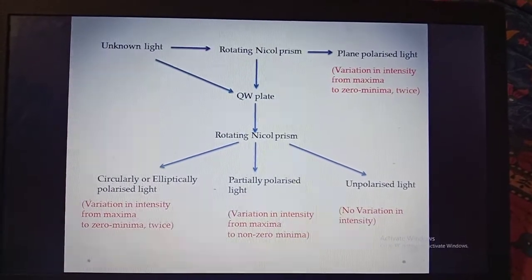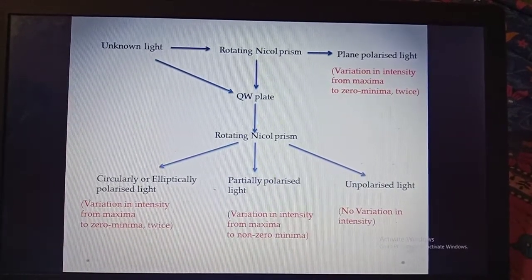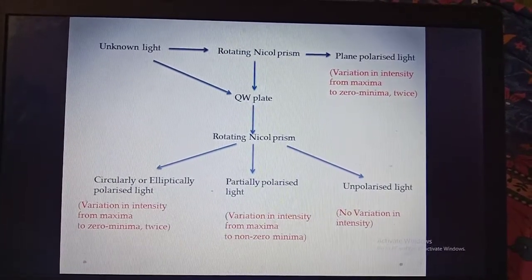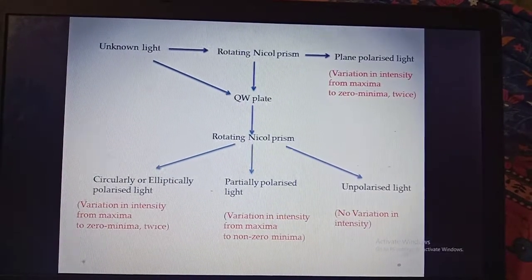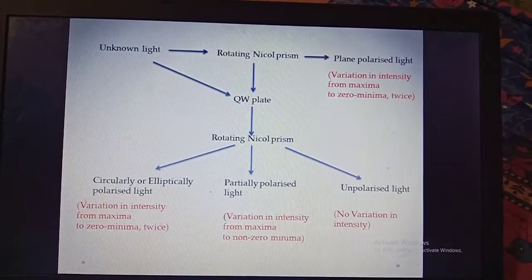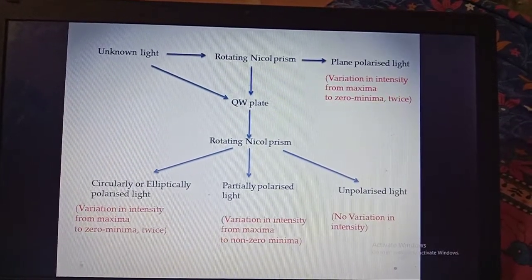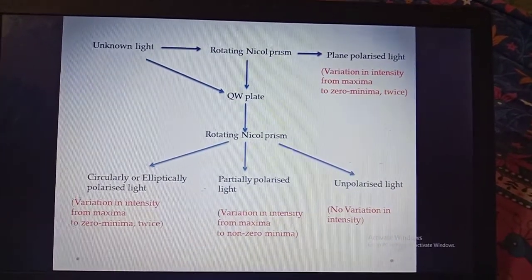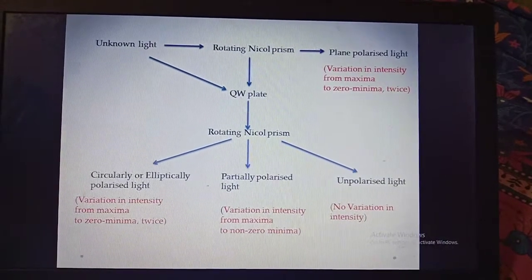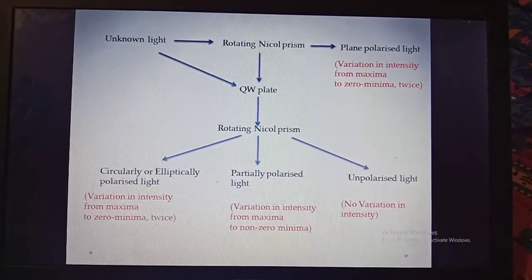We know that circularly and elliptically polarized light are produced from the superposition of two plane polarized lights. So if the unknown light is circularly polarized light or elliptically polarized light, then the amplitudes of the two plane polarized lights are considered.